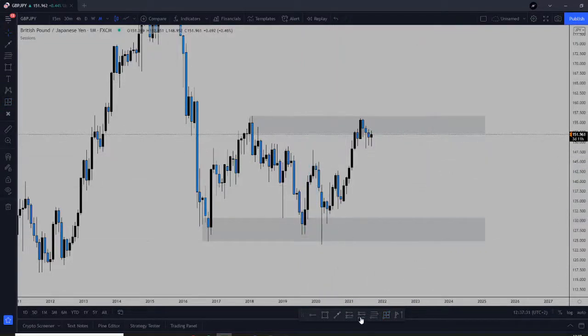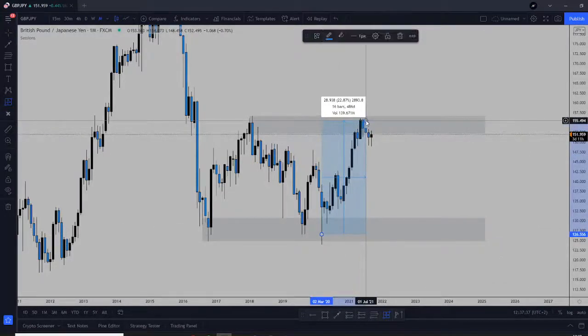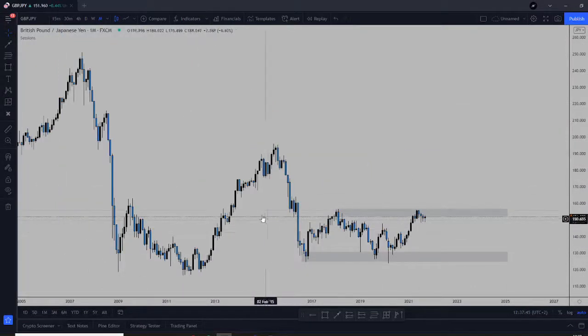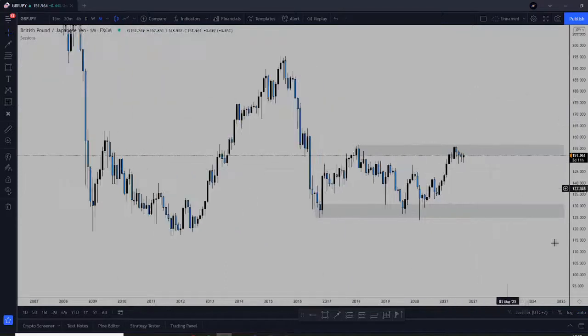Okay, and it came back again and it came for more. So this reaction has been almost a 3,000 pip move, from this buy zone to this sell zone, which is crazy, guys. Crazy stuff. So you can see how this works even on a monthly time frame.